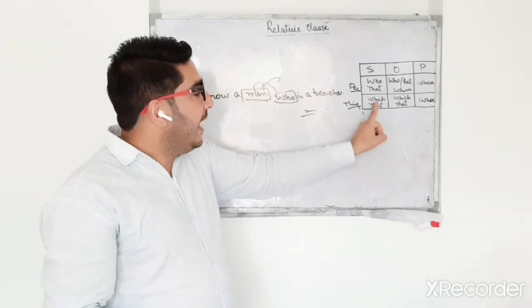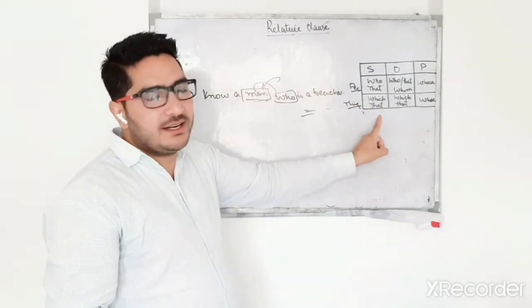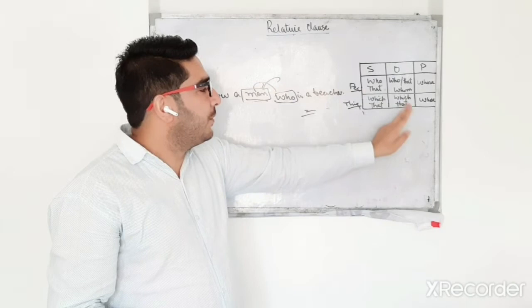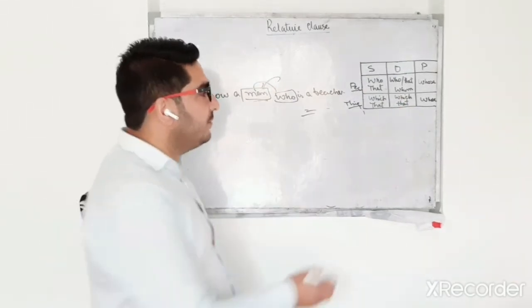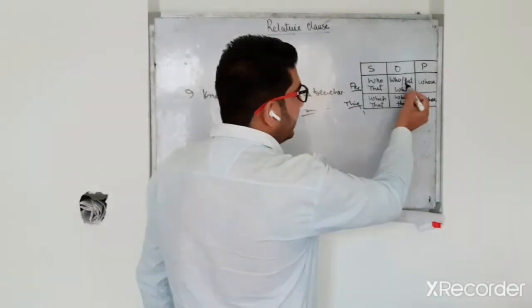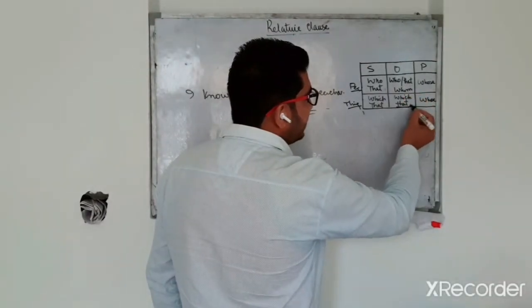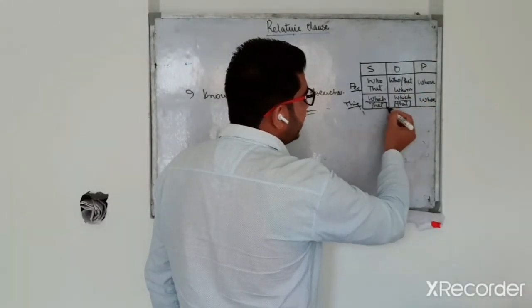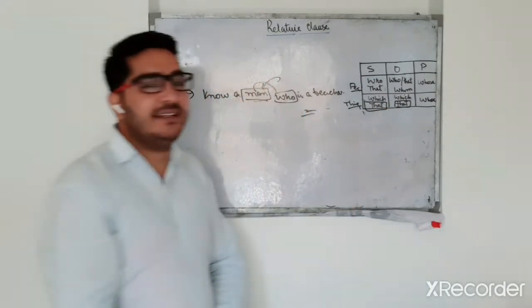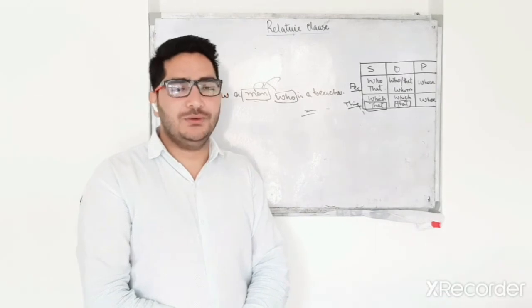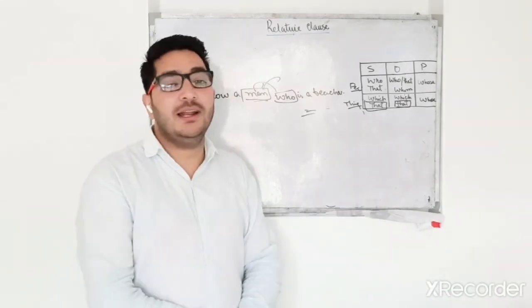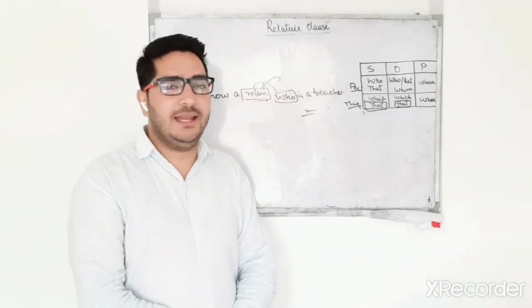And see, as far as defining relative clauses are concerned, all these pronouns are used. But as far as non-defining relative clauses are concerned, that is not used here. That is not used for persons in a non-defining relative clause. Sorry, it is not used for things or animals in a non-defining relative clause.